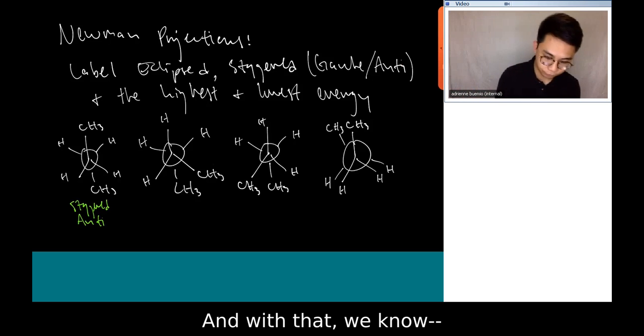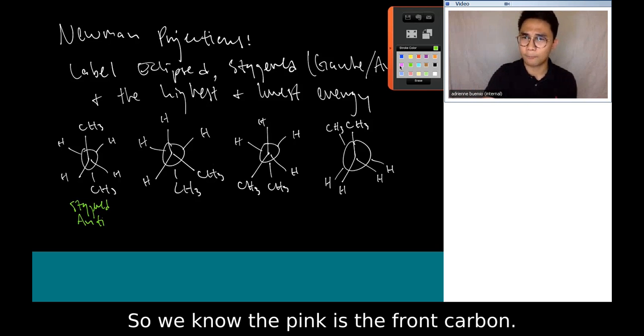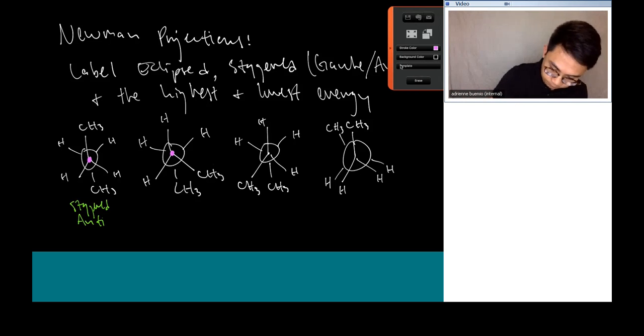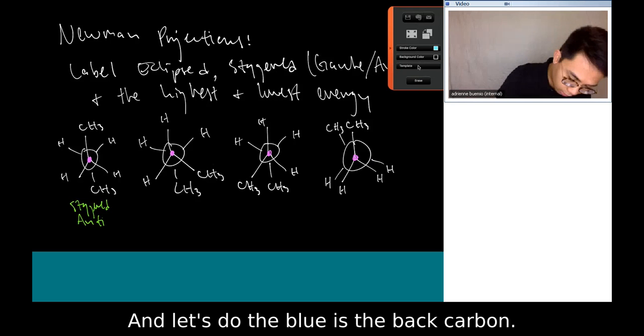Oh, let me color code this to make more sense. So we know the pink is the front carbon, right? And let's do the blue is the back carbon.